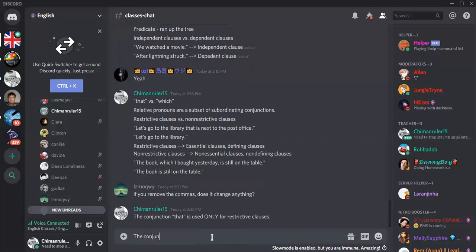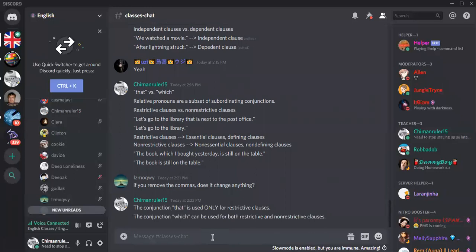Whereas the conjunction which can be used for both. Okay, so the conjunction that is used only for restrictive clauses, but the conjunction which can be used for both restrictive and non-restrictive clauses.